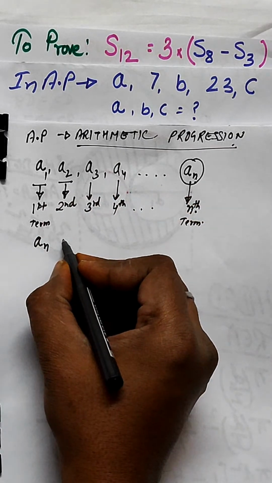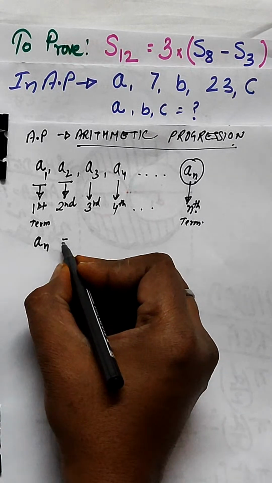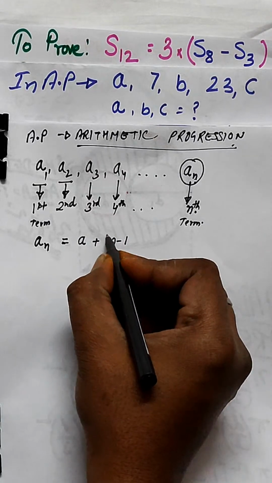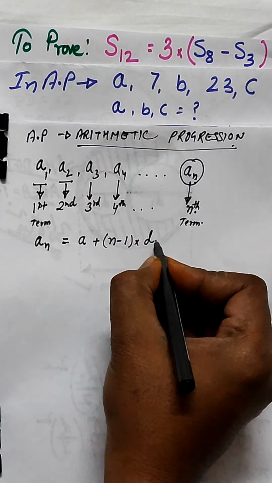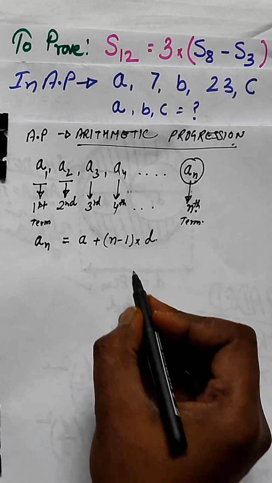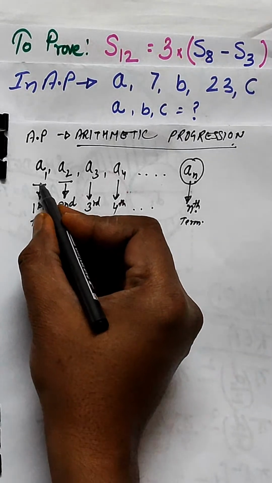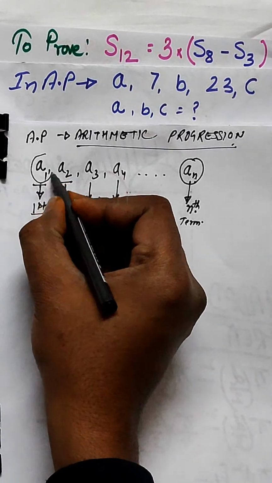So the nth term of AP can be defined as A plus n minus 1 into D, right? What is n, what is D, what is A? Here A is the first term, this one, A1.